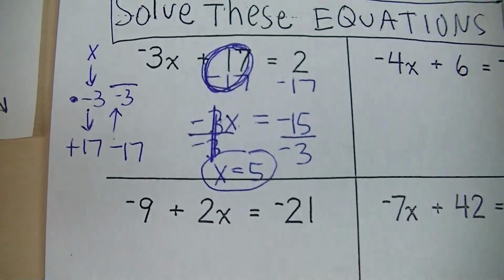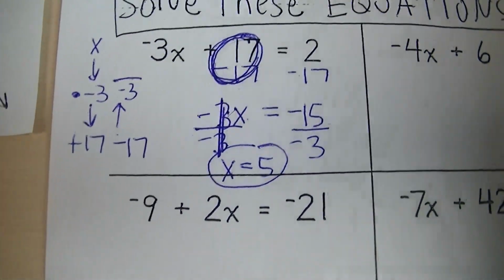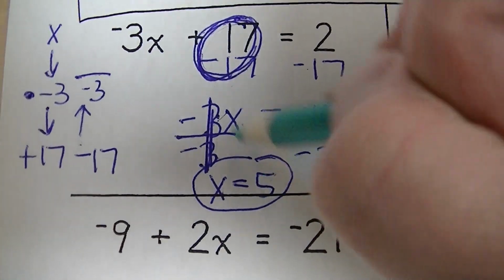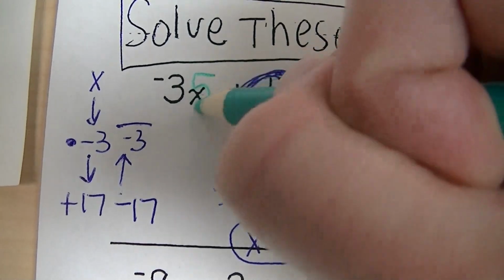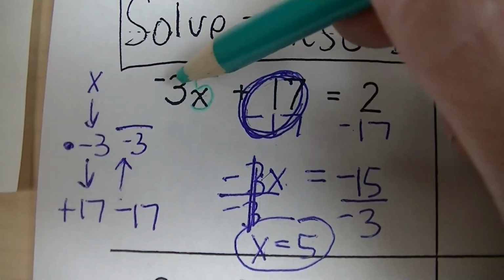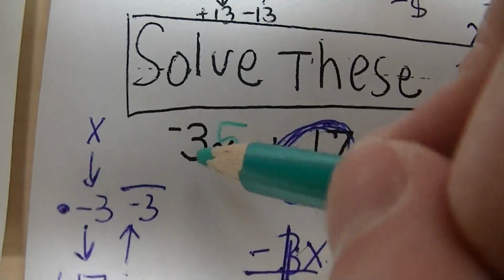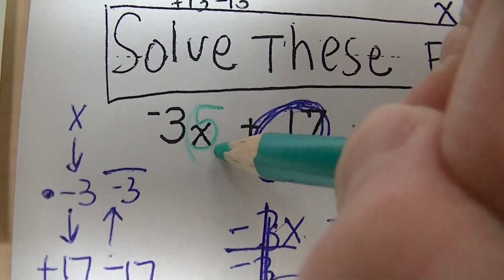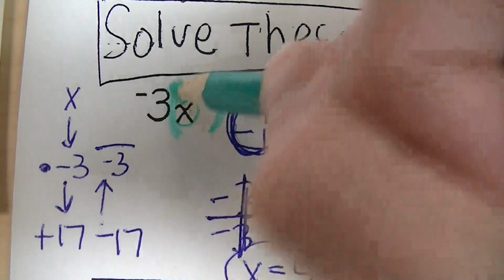To check your answer, like on a quiz or a test, what you would do is substitute this value of x wherever you see x. So if I put a 5 right there, someone would say, oh, Mrs. Hopkins, that's -35. That is incorrect. What you need to recall is there's this -3 times that x. So when you substitute that 5 back in for the variable, it means multiply.